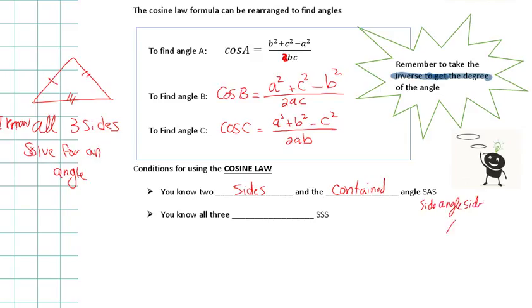Or if you know all three sides, they call it triple S, SSS. If you know how to use your calculator, you should be able to do fine with cosine law.